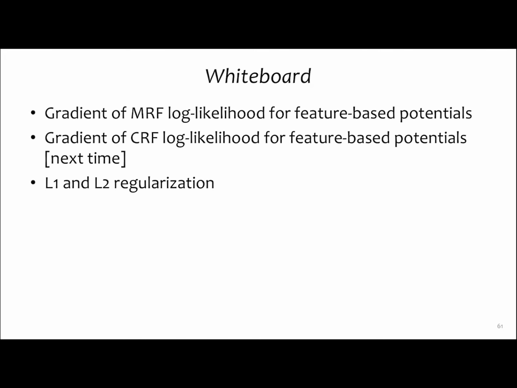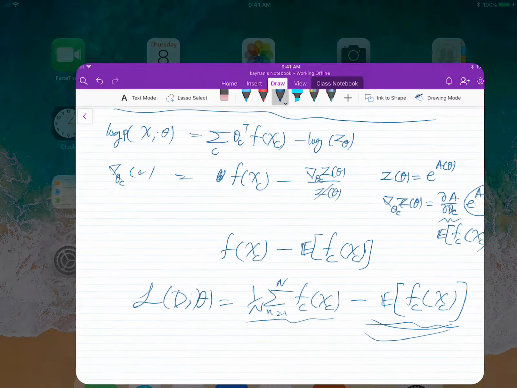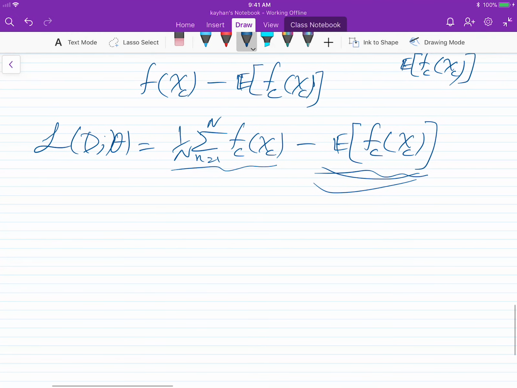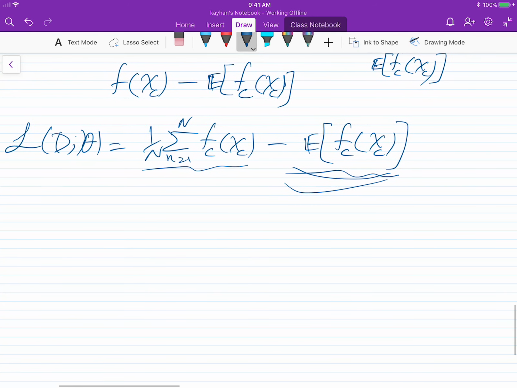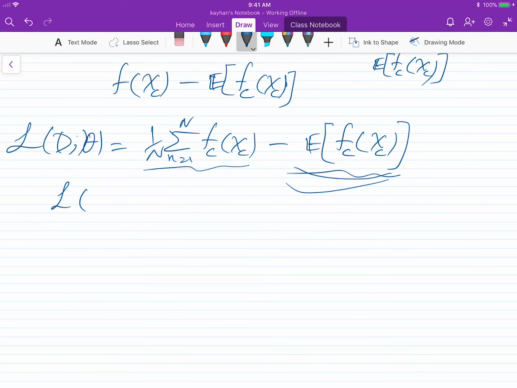Another thing which is quite important is that when you are writing a loss function, although we are using feature functions to reduce the number of parameters, we still have a lot of parameters most of the time. So it's a good idea to add some sort of regularizer to your loss function. So it's not going to be exactly maximum likelihood, it's a regularized maximum likelihood.